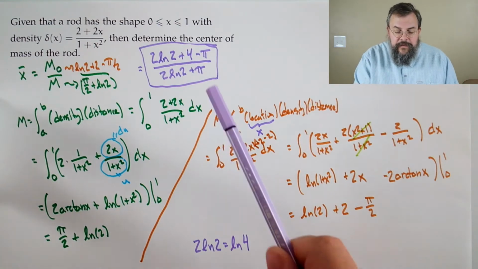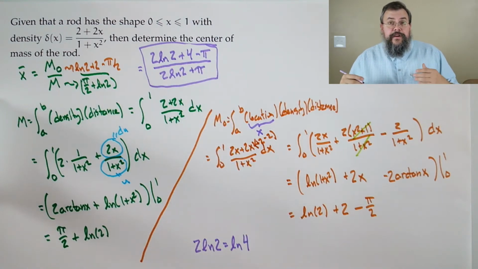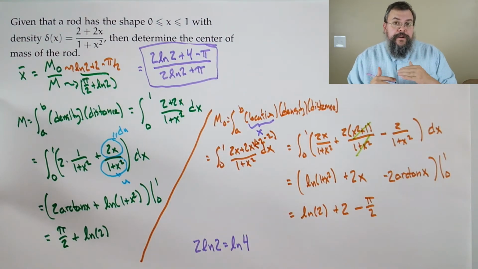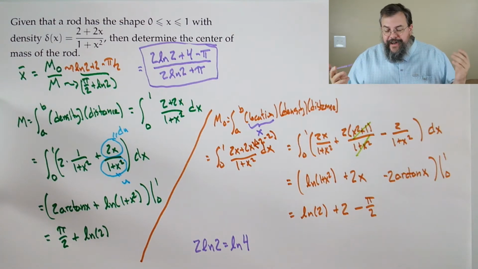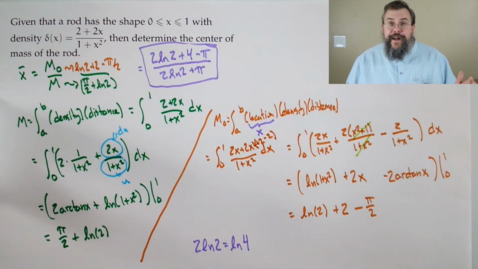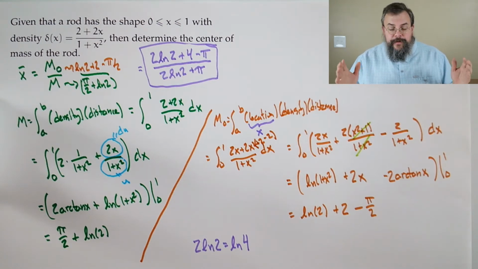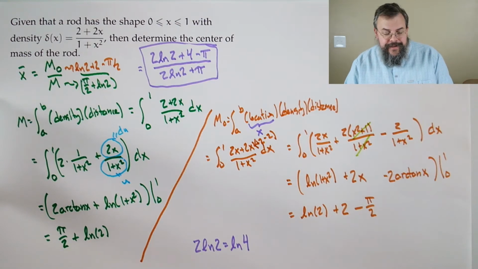On the other hand, 4 minus pi is certainly smaller than pi, which means that the numerator is smaller than the denominator, which means we're between 0 and 1. That's a good sign. Our center of mass should be somewhere between 0 and 1 because that's where our rod is. So a reasonable answer. Maybe not the easiest number to figure out, but at least a reasonable answer. A good sign.